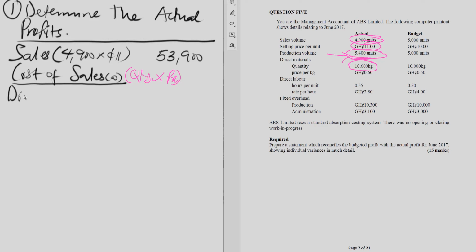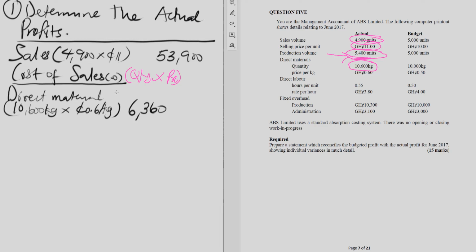For direct material costs, we take our 10,600 actual kgs that were used times the price per kg, which is 0.6 cedis per kg. So what do we get for material then? That's 10,600 times 0.6 per kg. That means you have 6,360 cedis for material.